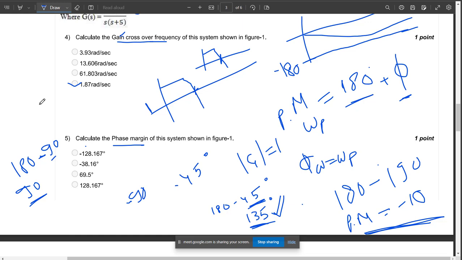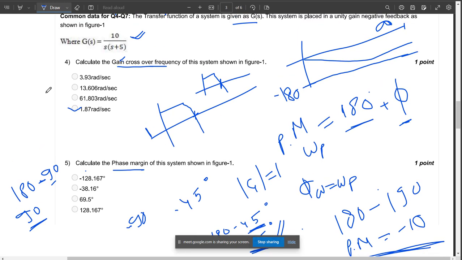When a system has only one pole, let's say G(s) is equal to 10 upon (s plus 5).